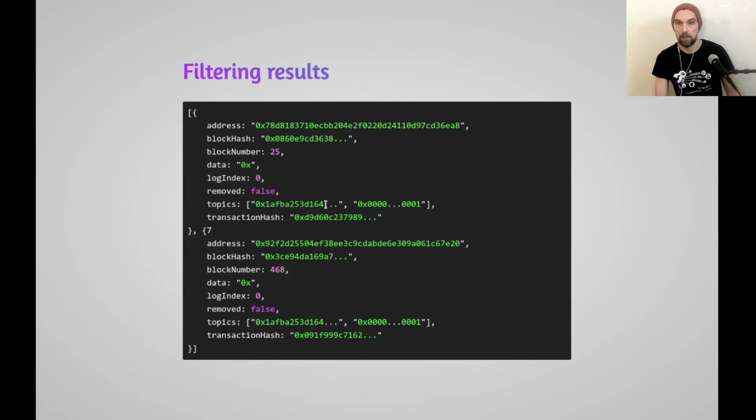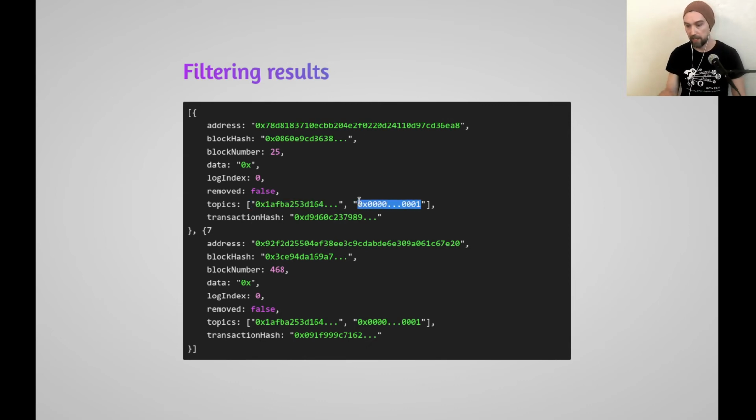On this listing, the filtering results are presented. Note that triple dots are used just for hash shortening. Every hash is 64 characters long, so it's tricky to fit on the slide. We should also keep an eye on the data in topics. It's the most important: there are the event signature and the event ID. Here is the signature and here is the ID.